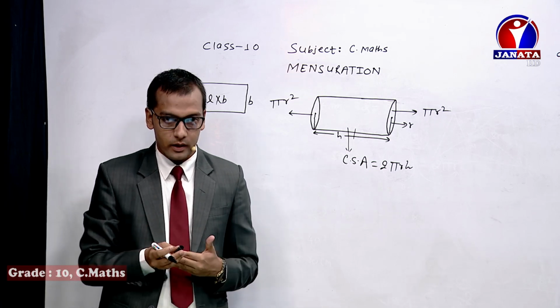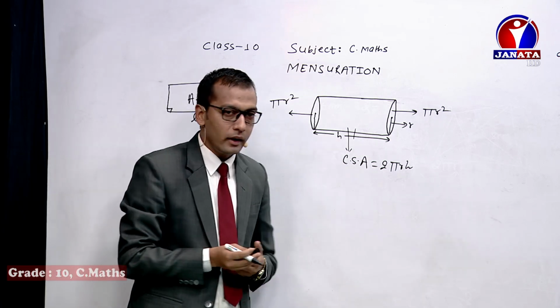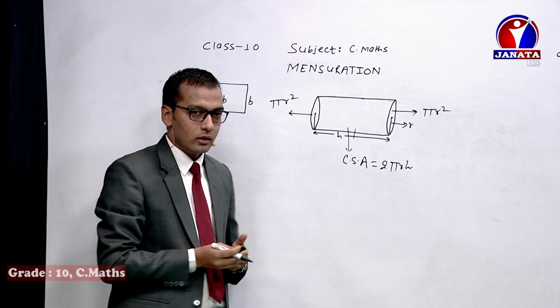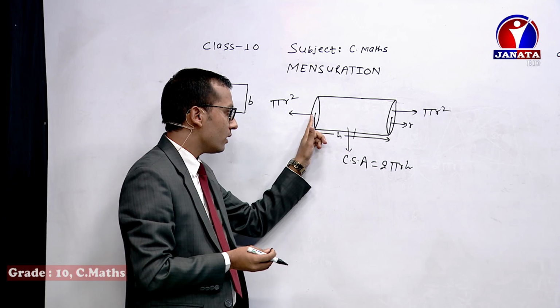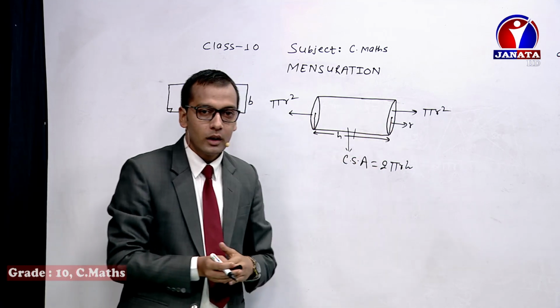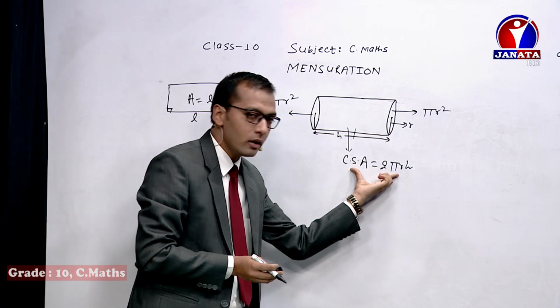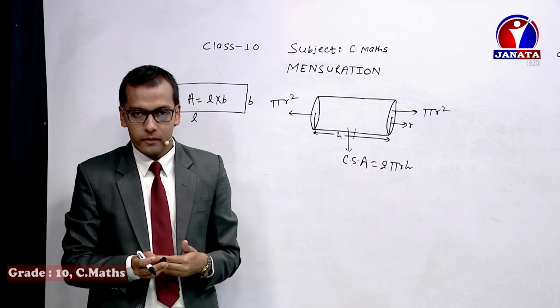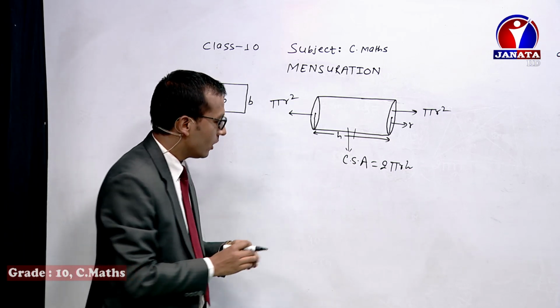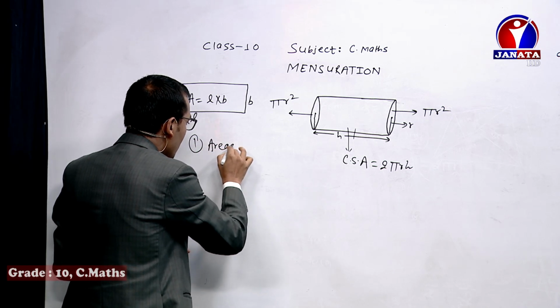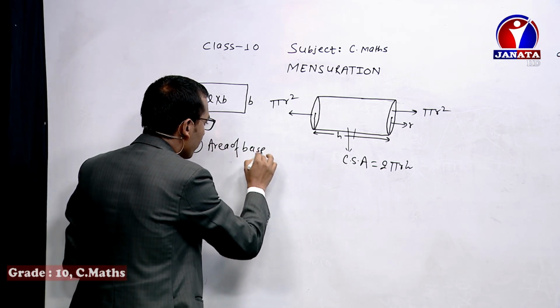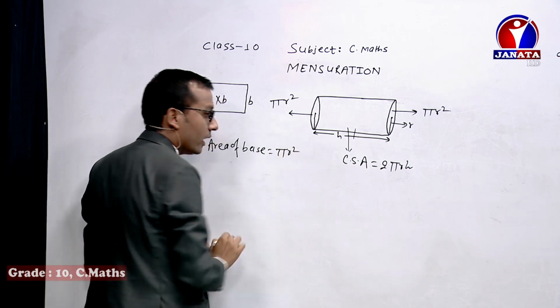Area of all the surfaces means in case of cylinder there are two circular faces, base or two ends. This is first end, this is second end, and middle region is curved surface containing region. First of all, what is area of base, pi r square?